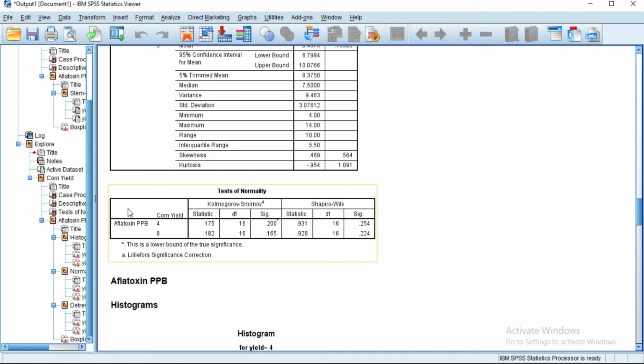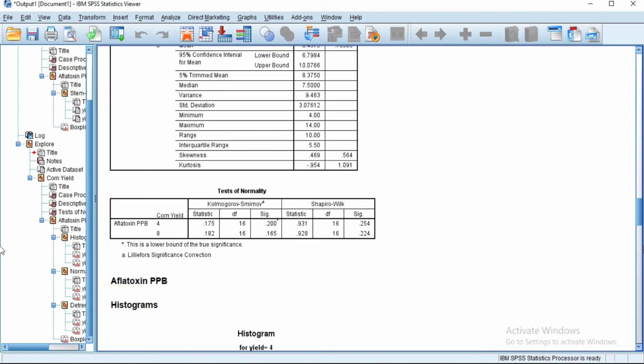As you see here in the yield number 4, the p-value is 0.20, which is greater than 0.05, so it follows normal distribution. And similarly in the yield number 8, your p-value is 0.165, which is also greater than 0.05. So we can say that both yield types, yield number 4 and yield number 8, follow normal distributions. So this approach is an objective approach to judge the normality.